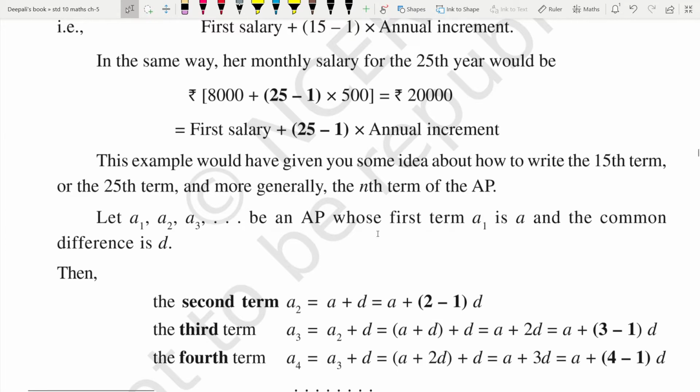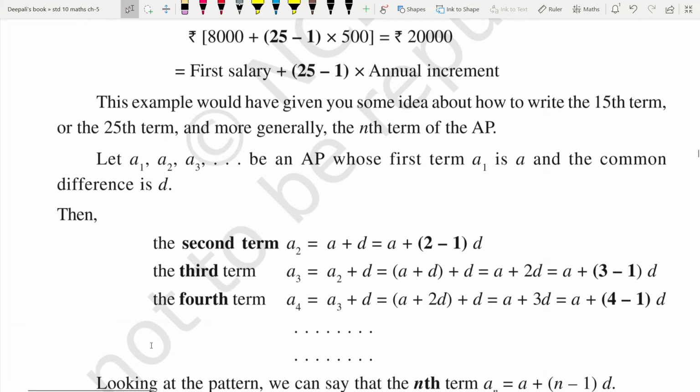nth term of AP. Now let the AP have terms A1, A2, A3, whose first term A1 is A and the common difference D. Then the second term of the AP, A2, is equal to A plus D, which is A plus (2 minus 1)D.